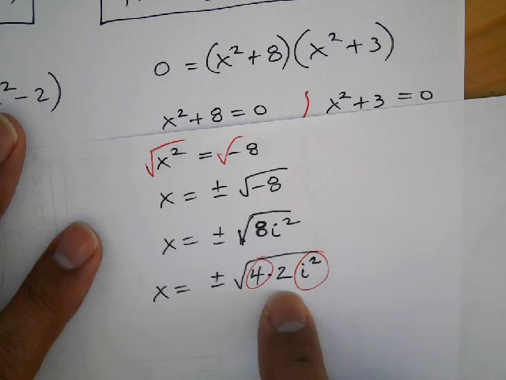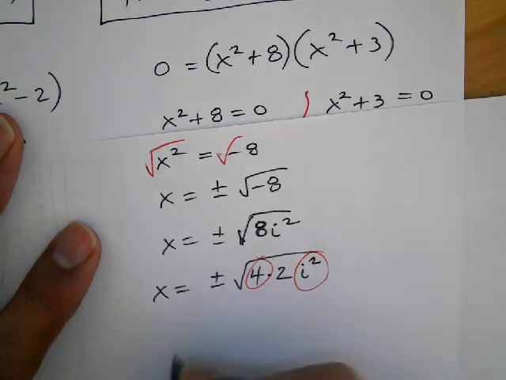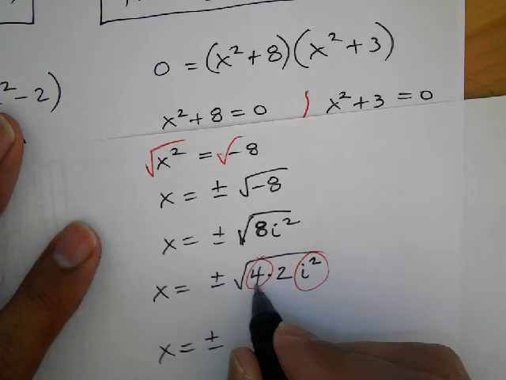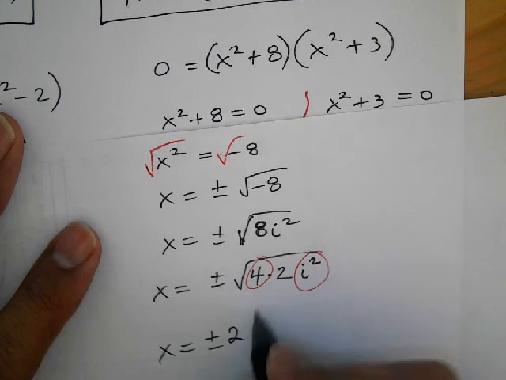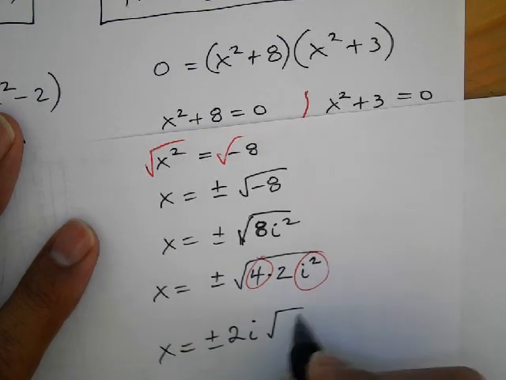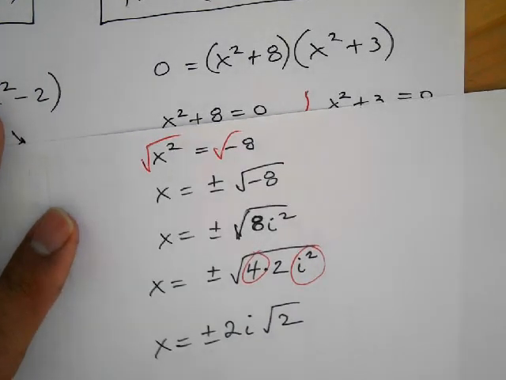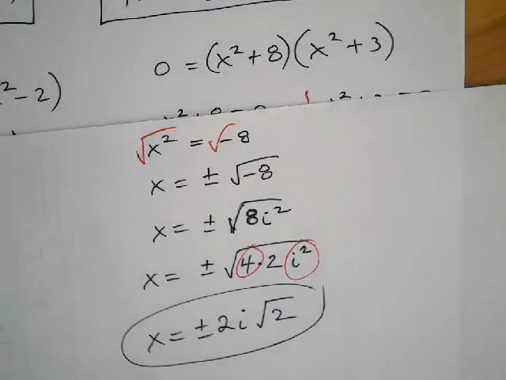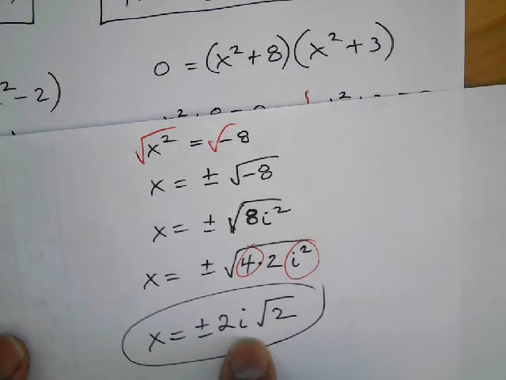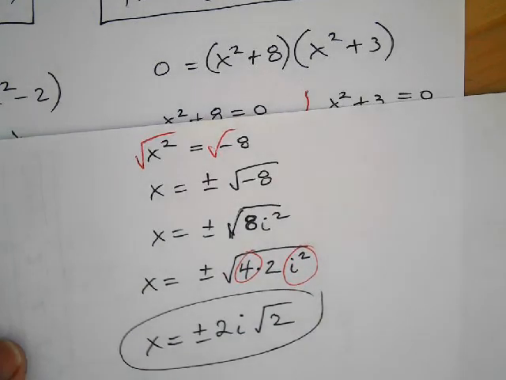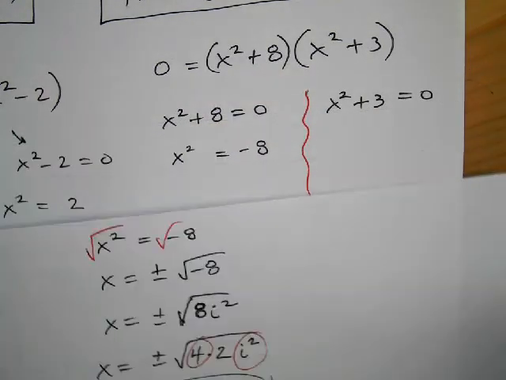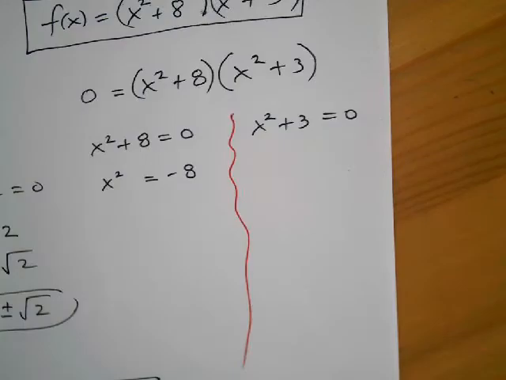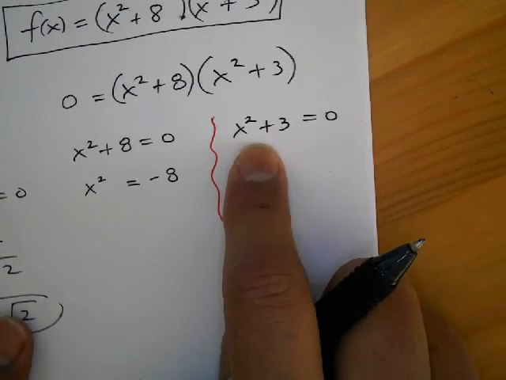Now which one of these have perfect squares? The 4 is a perfect square and the i squared. The 2 doesn't. The 2 is going to stay inside, it's going to stay home. So the square root of 4 is 2, the square root of i squared is i. And here's your 2 zeros for this one. A positive 2i root 2 and a negative 2i root 2.